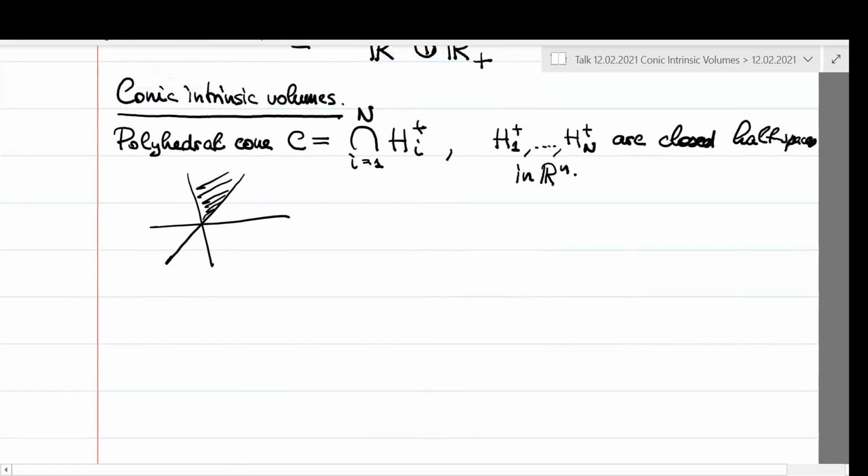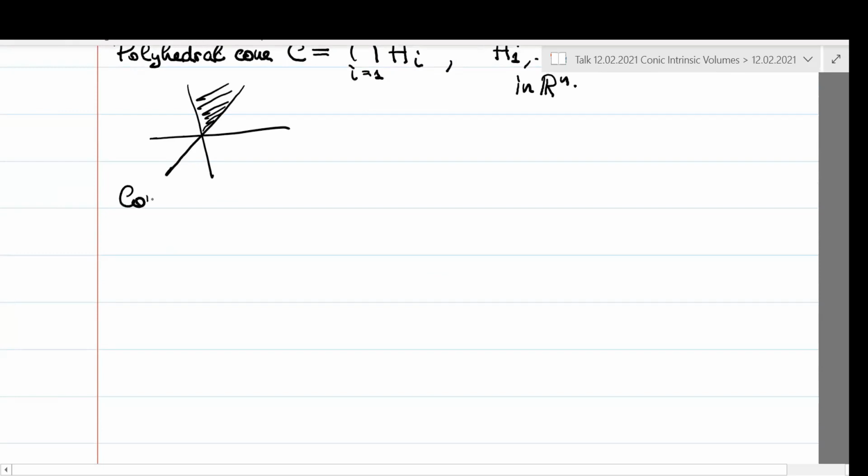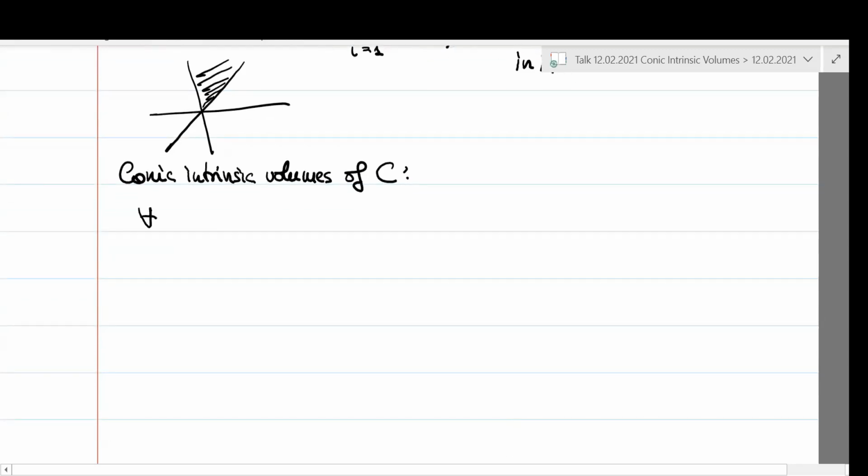So let C be such a polyhedral cone, then its conic intrinsic volumes of C are defined as follows. They are indexed by k from 1 to n.